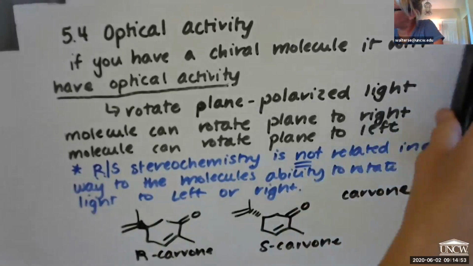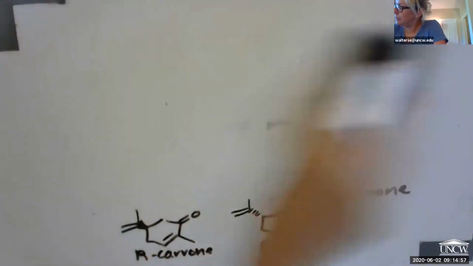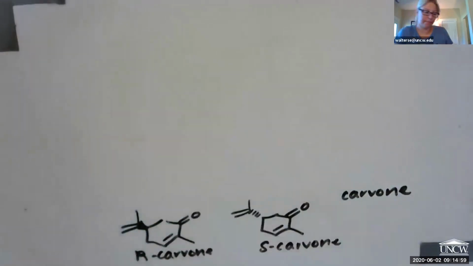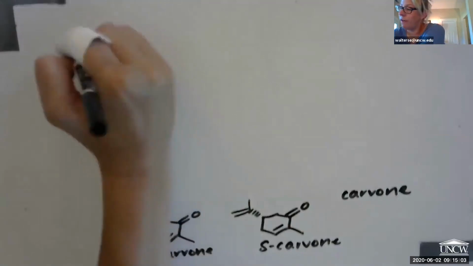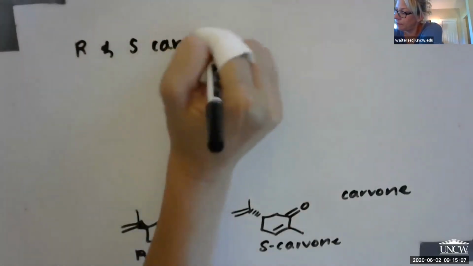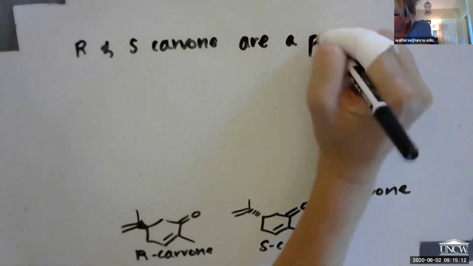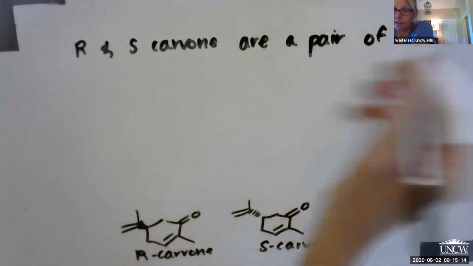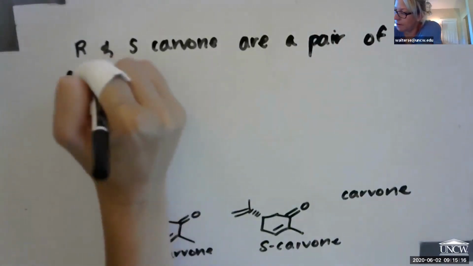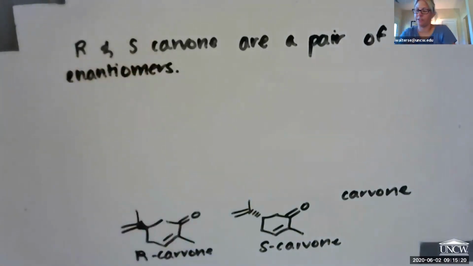All right, I'm going to erase the top of this. Okay, so R and S carvone represent a pair of enantiomers. Okay, this is my bad pen.